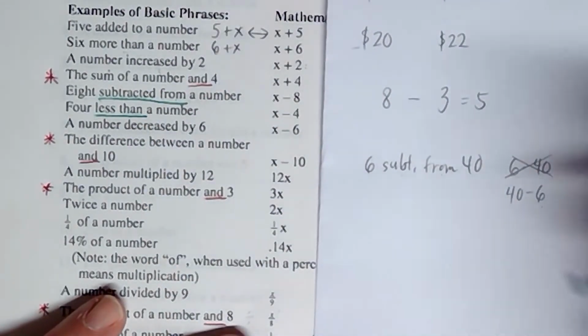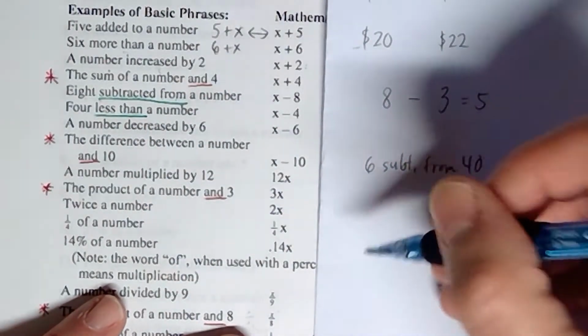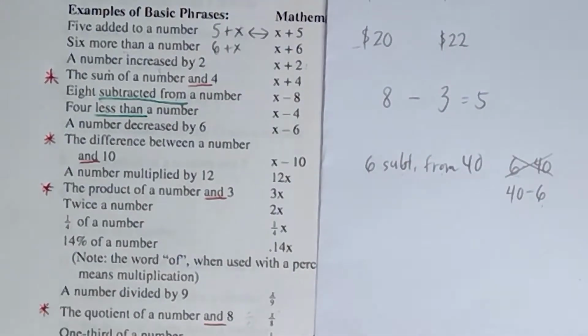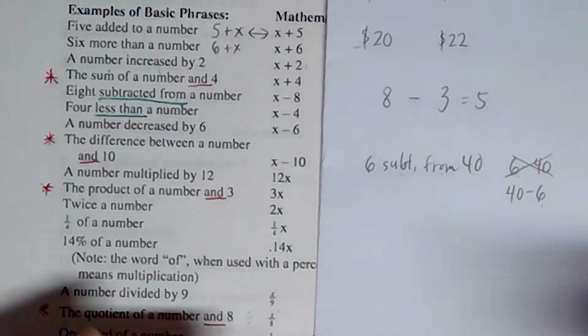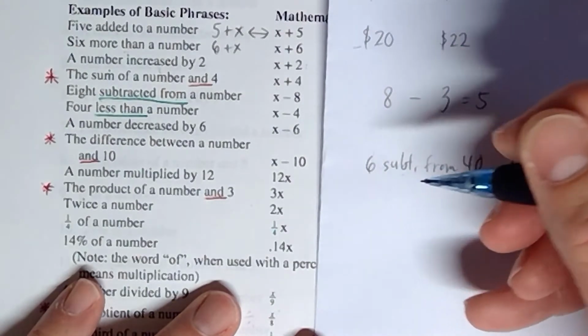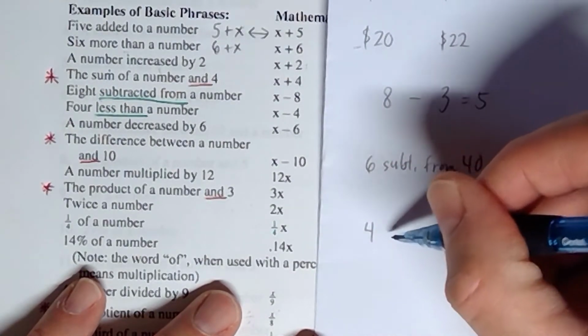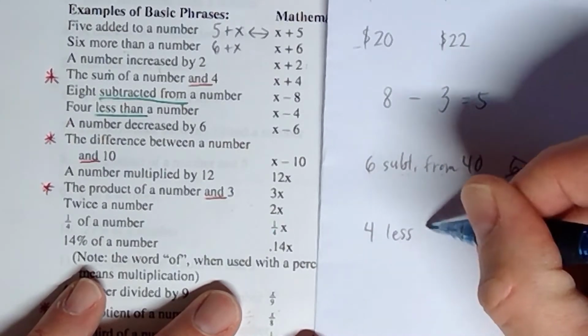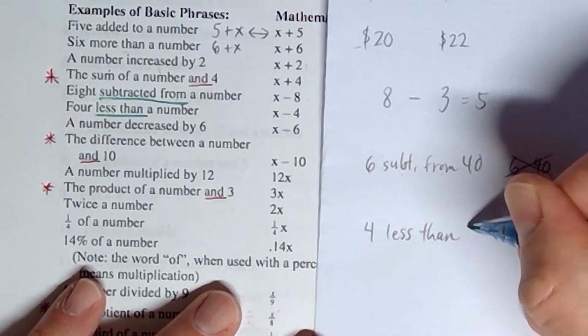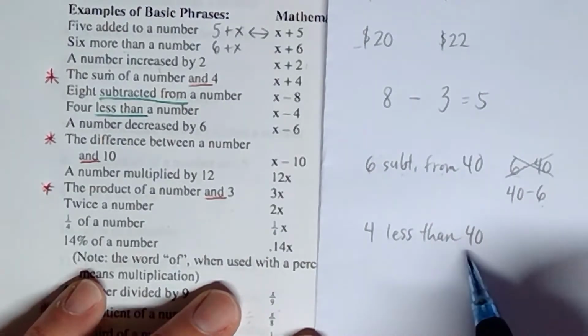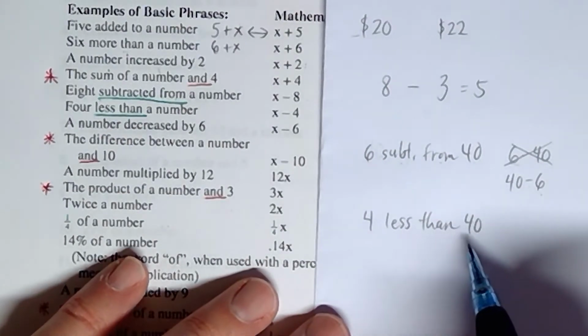Let's say that you've got that $40 salary again, and you've been working at the company for a couple of years, and then all of a sudden this new guy comes along, and he's just got started there, so he's making what? He's making $4 less per hour than you are. So he's making $4 less than your $40 salary.